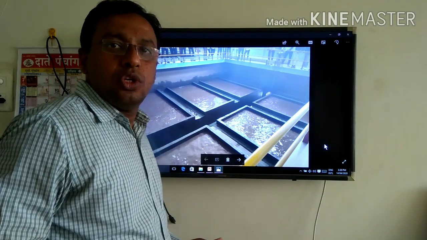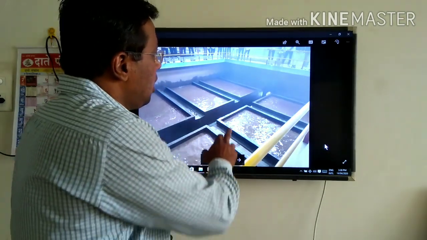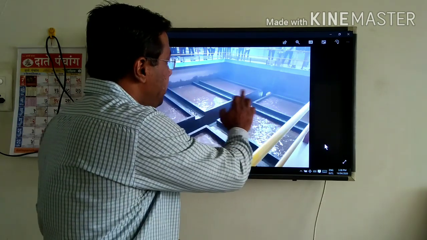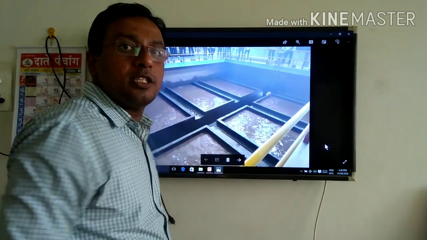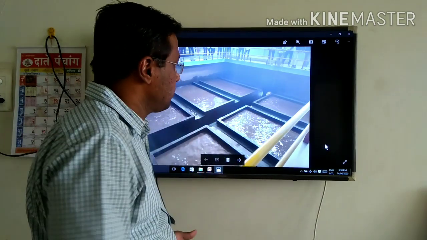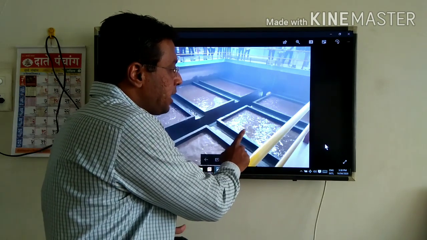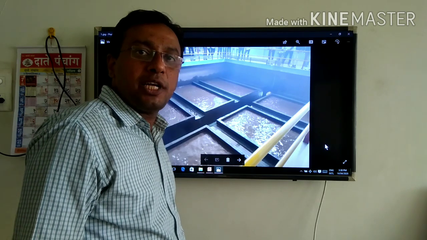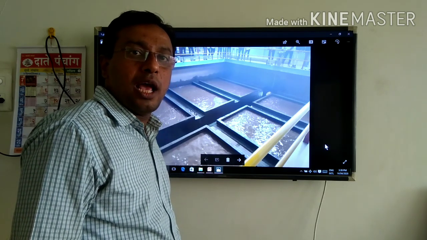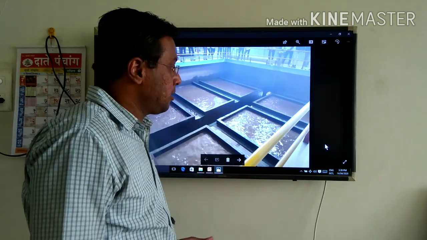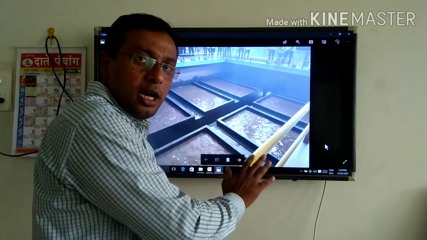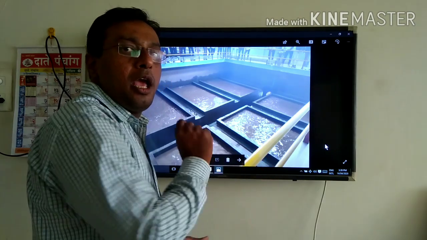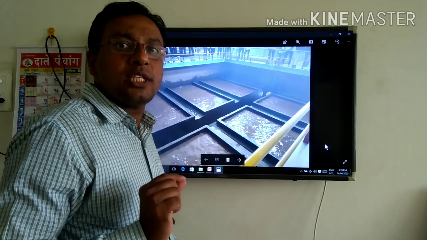Now you are seeing this filtration bed, that is the rapid sand filter. This filtration bed is filled with gravel as the base material and sand as the filter media. We already learned this in the slow sand filter.